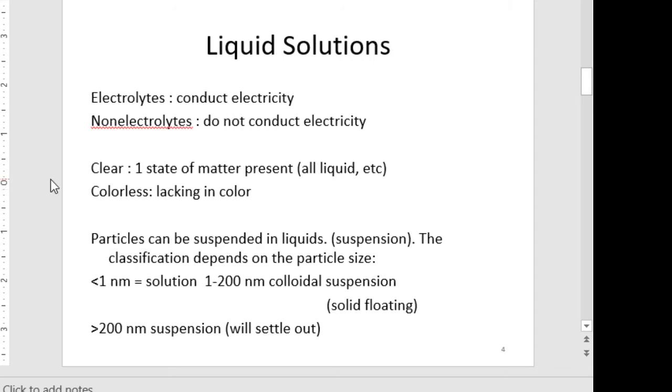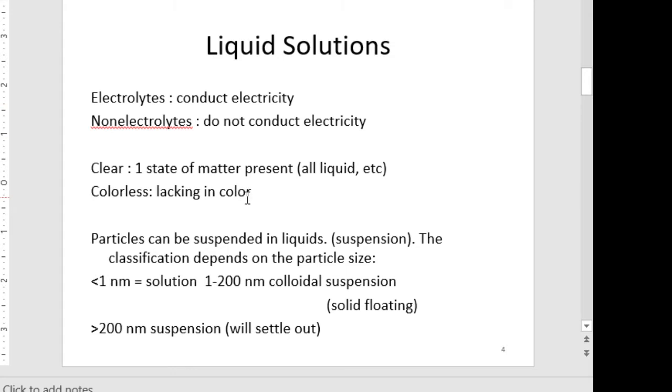Again, we've got our definitions for electrolytes and non-electrolytes. Not a problem. In lab, we run into students having trouble all the time with the difference between clear and colorless. Clear means you only see one state of matter. You don't see two different liquids where you can tell where one is and where the other one is, like oil and water when they don't mix.